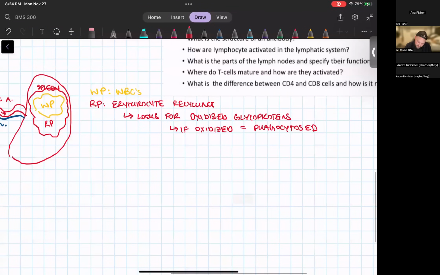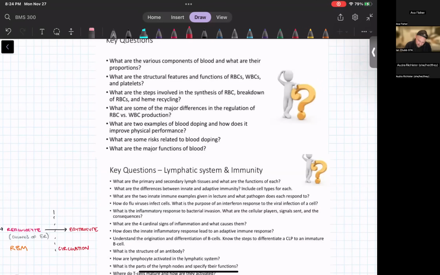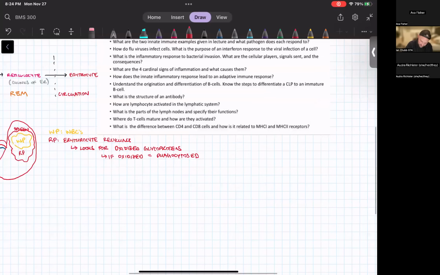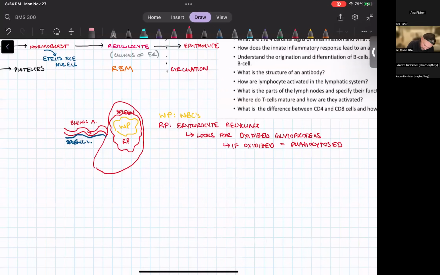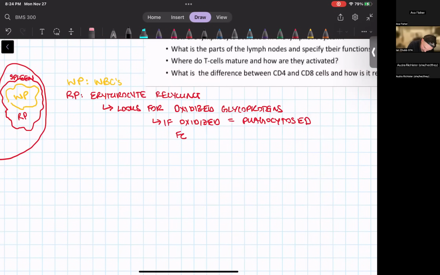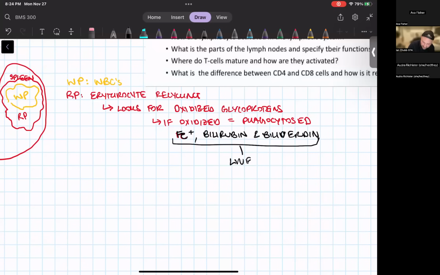Let me see if I missed anything else on this question. And then, yeah, that's that heme recycling. So anything that comes from there, let's just add it on here. So the iron, let's do it in black. The iron, the bilirubin. These are going to go off to the liver, where they can be metabolized, so the bilirubin and biliverdin can be broken down further and then excreted.